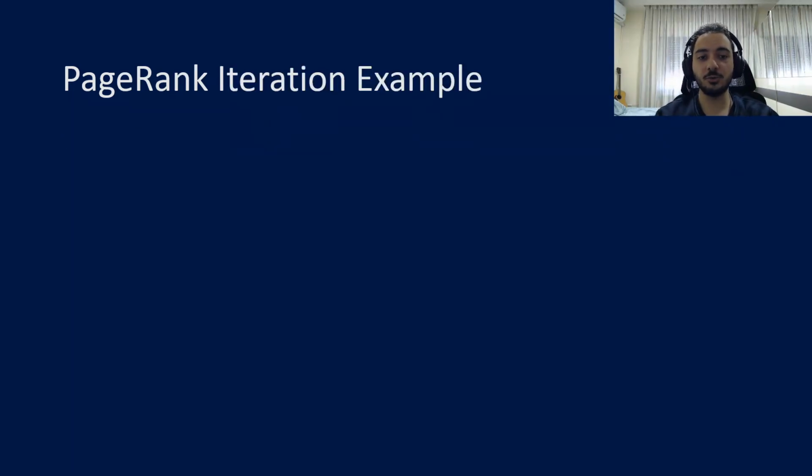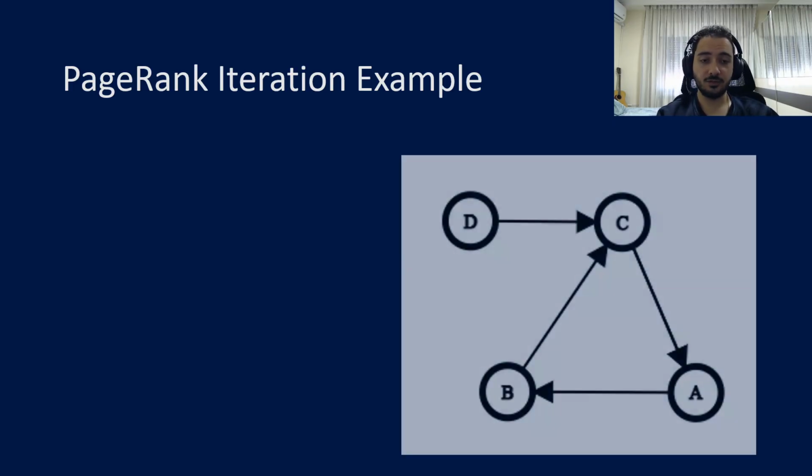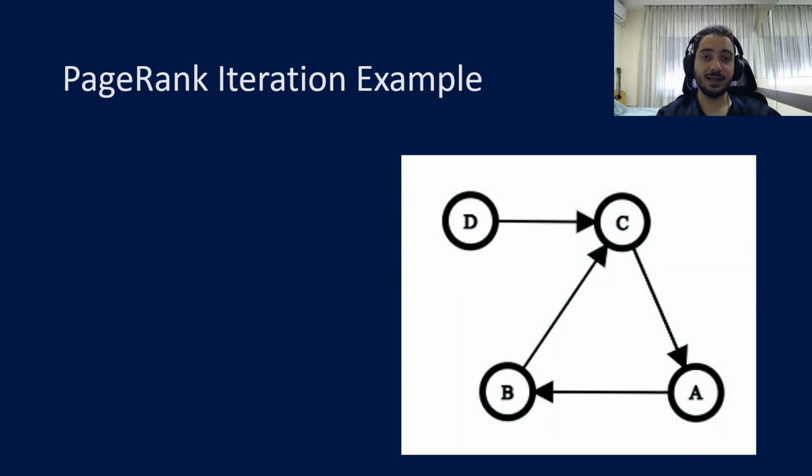Now, let's walk through a simple example to better understand how PageRank actually works in practice. So, here we have a small network of users, A, B, C, and D. At the beginning, we assume that all users have equal importance. So, since there are four nodes, we're going to give each one of them a value of 0.25.